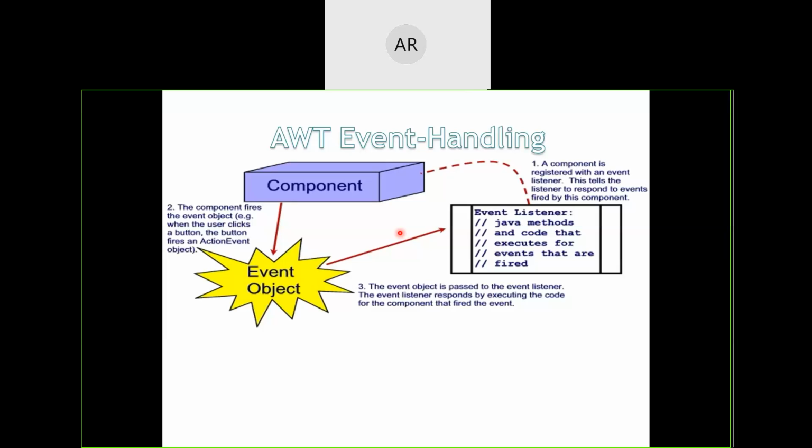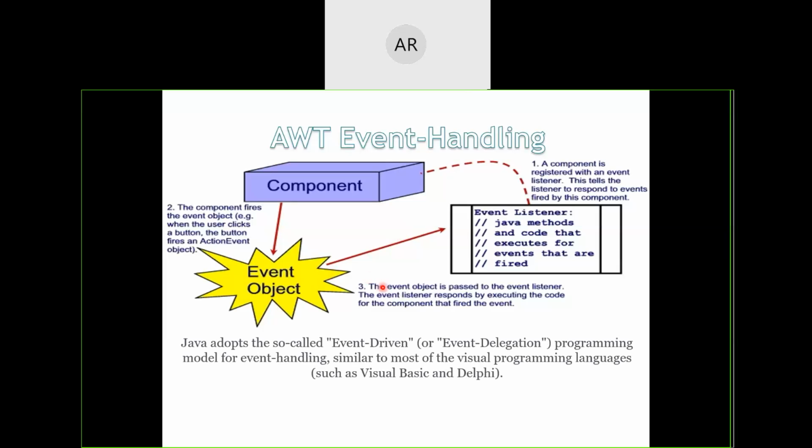So basically what is event handling? There will be 3 things. First one, whenever we place any component in a container, that component is to be registered with an event listener.